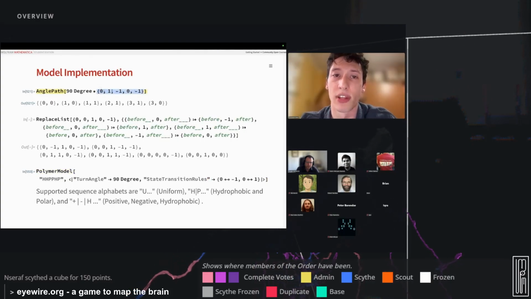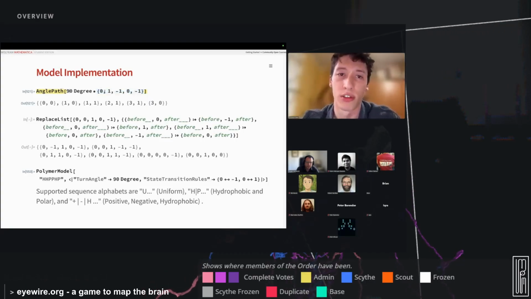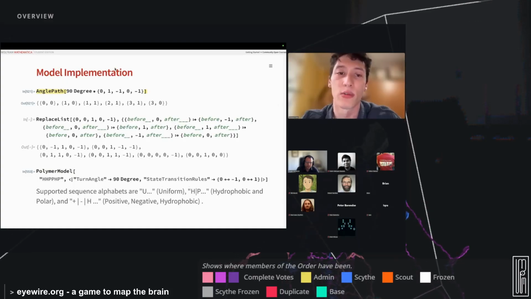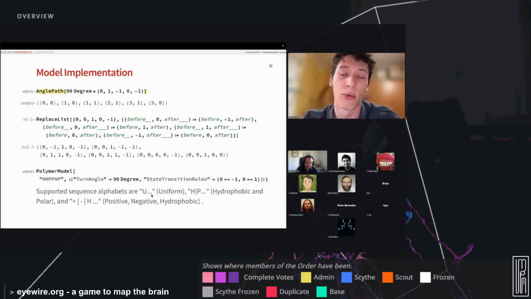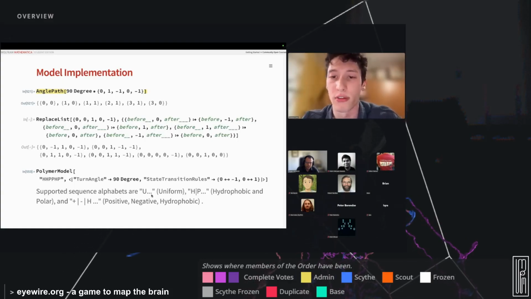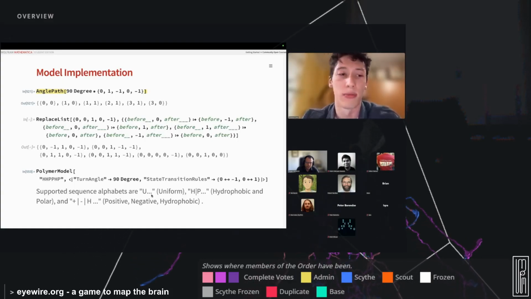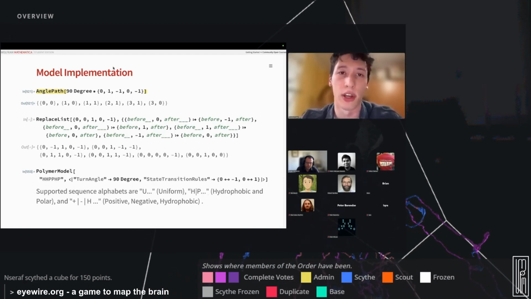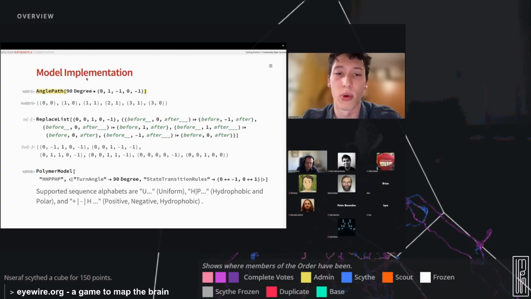And basically, there will then always be multiples of this angle at the top. And then we have three kinds of alphabets right now. This would be the uniform alphabet, which is not particularly interesting, of course. It's just useful to show the state space. Then we have the HP case, and then we have the split case where we split the polar into positive and negative.